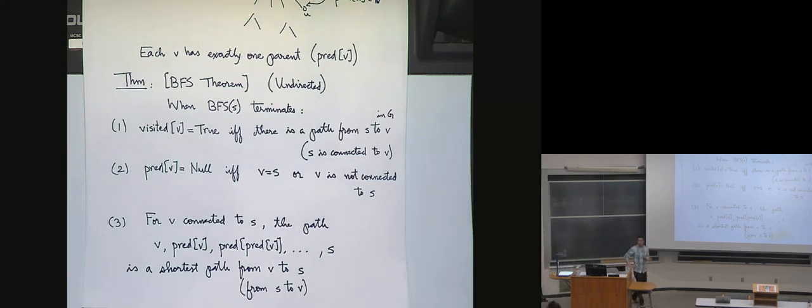Yeah, question? You say number 3, that if B is connected to S, that path is a shortest path. Correct. But you also say that there could be multiple paths. So I think you're conflating two things. There is the path in the graph, and there is the path given by the tree.